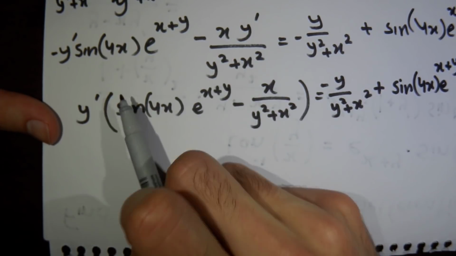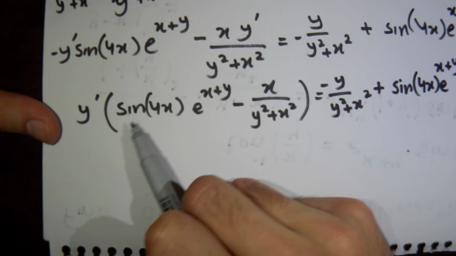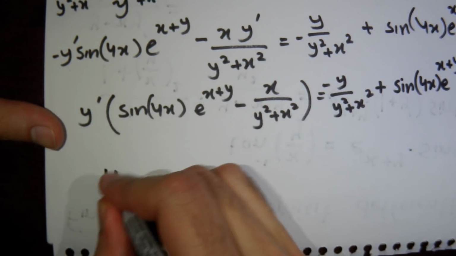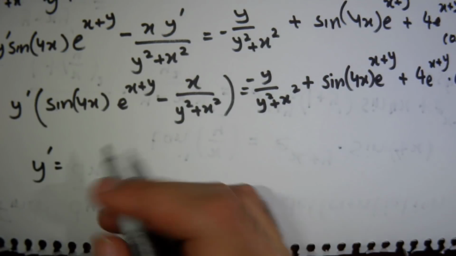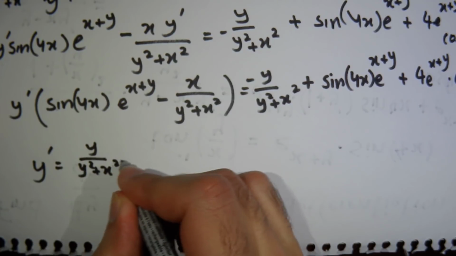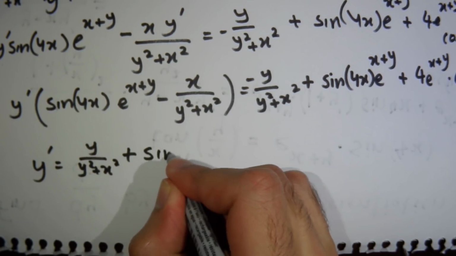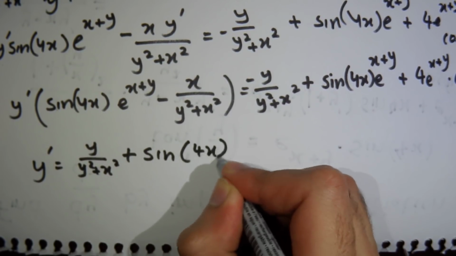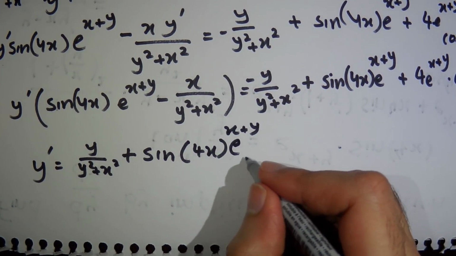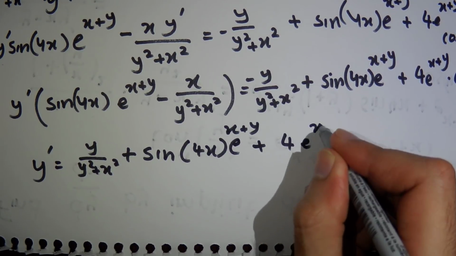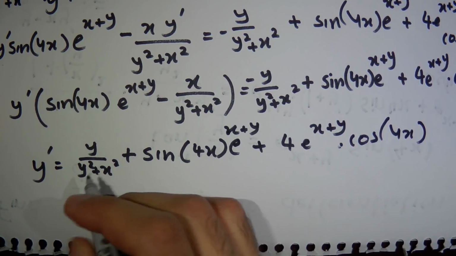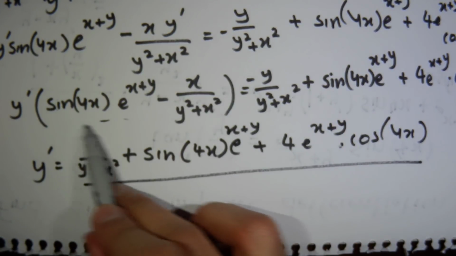The last step, y prime is being multiplied here, so if I take this entire function to the right, it'll be divided, and I'm left with y prime is equal to the numerator, which would be the right side of our function, plus sine of 4x e to the x plus y, added to 4e to the x plus y, multiplied by cosine of 4x, and our denominator would simply be this entire bit.